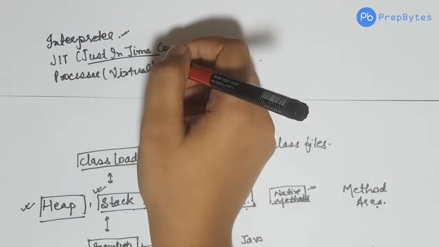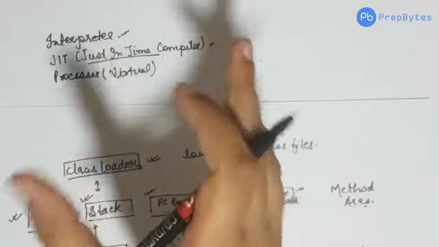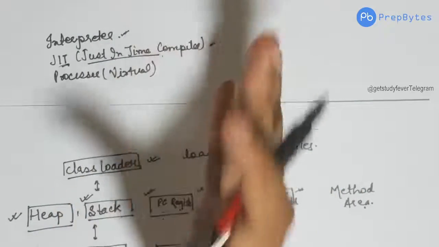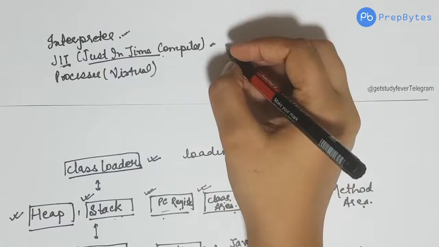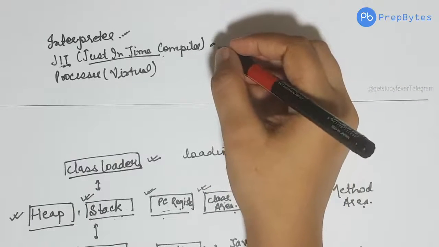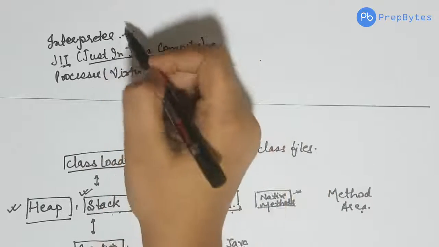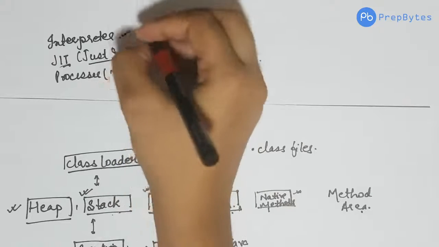So in the bytecode, let's say we come across a code that is executed very frequently, or a part of code that is very similar. This just-in-time compiler converts that particular part of the code to machine level code. It compiles a part of the code such that it enhances the speed. So the interpreter is executing all the instructions, but this is a bytecode.